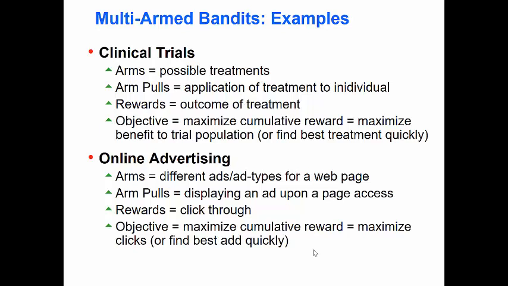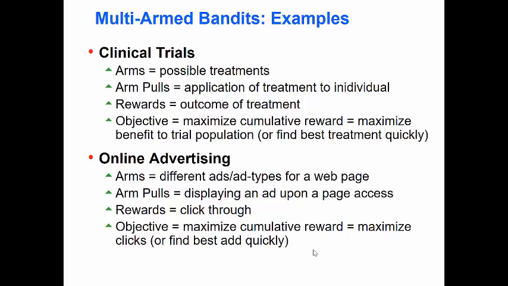So here, you imagine you have different ways of showing ads, right? Maybe you have 3 different ways. You're going to flash something in front of them, and then something else, and then something else. And you want to know which of these is going to be most effective. And so the arms are going to correspond to the different types of ads that you could show.